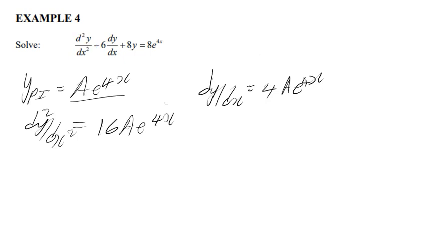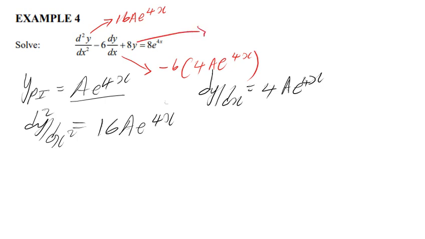Then you go and substitute them back into the original equation. Where there is d squared y over dx squared, you put 16a e to the 4x. Then this one is minus 6 into 4a e to the 4x.